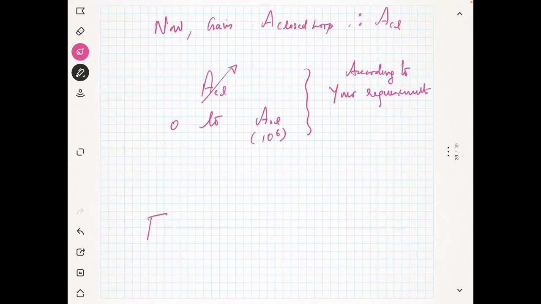So we will talk about now feedback. What do you mean by feedback?